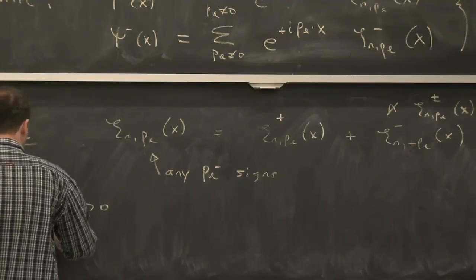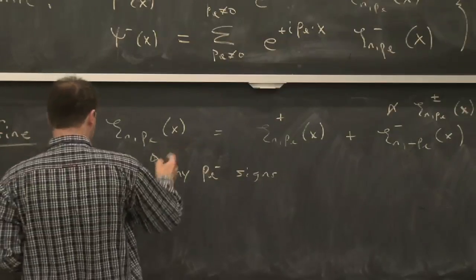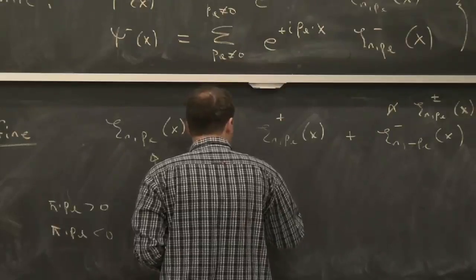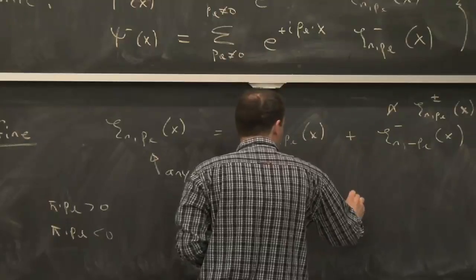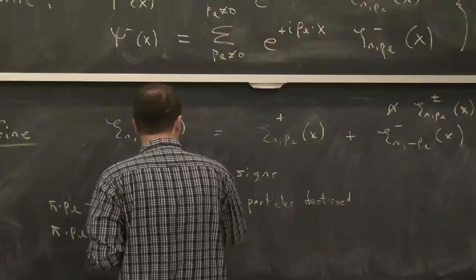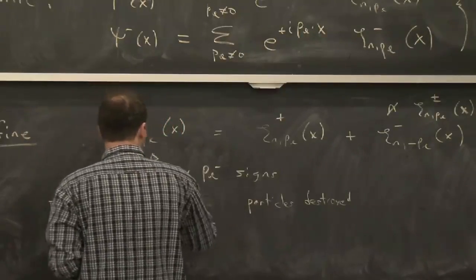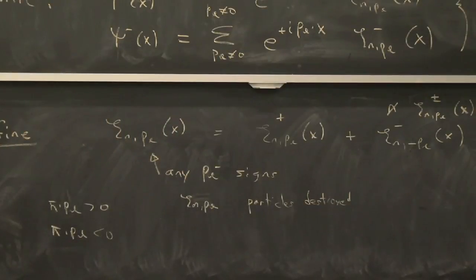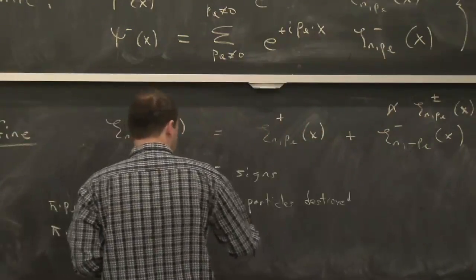So we have different possibilities for the barred field with p_L. And what the plus part is doing is destroying particles. If I think about what c_n of p_L is doing, it's destroying particles, and the antiparticles are created.